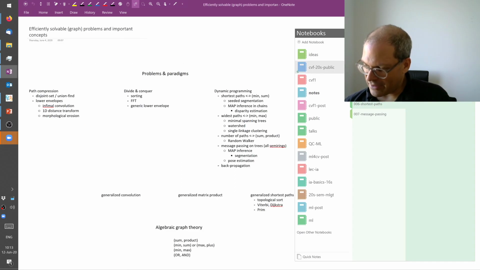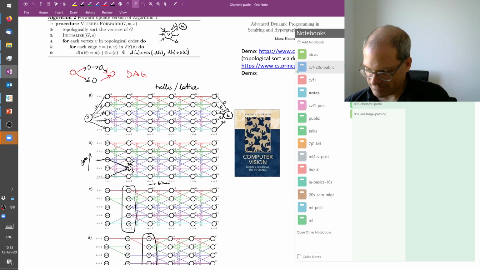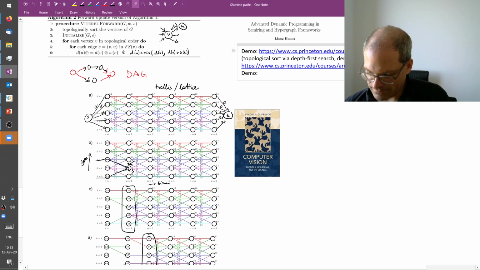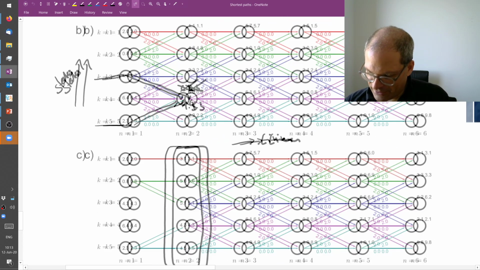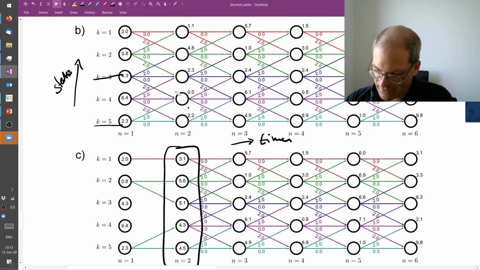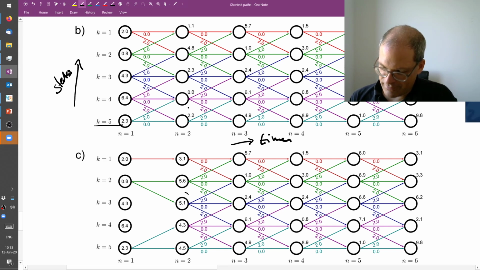So if we go back to last time, let's look at this here. We were looking at a particular node, let's say this state here, and there are various ways of reaching it.